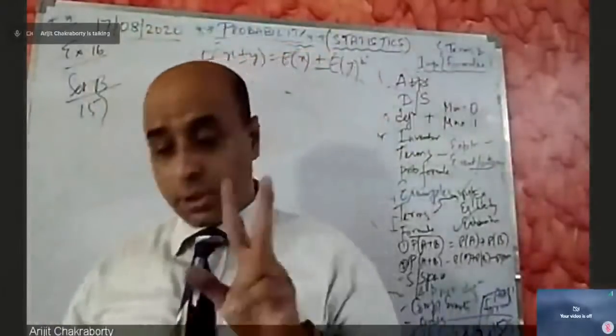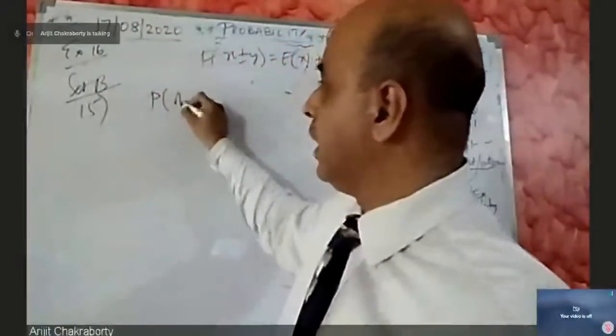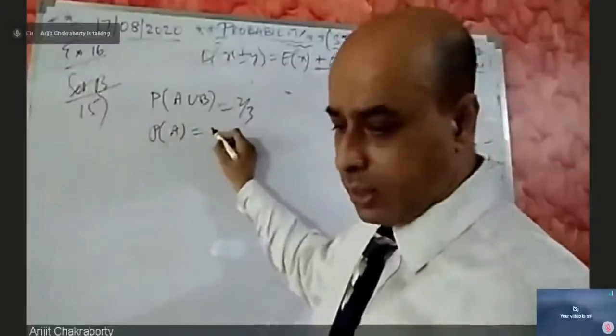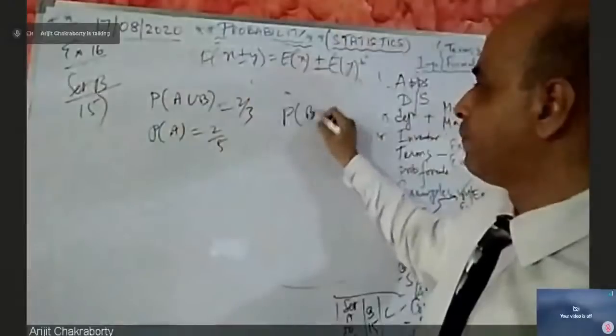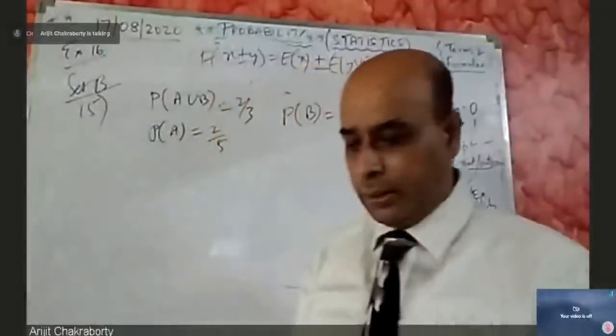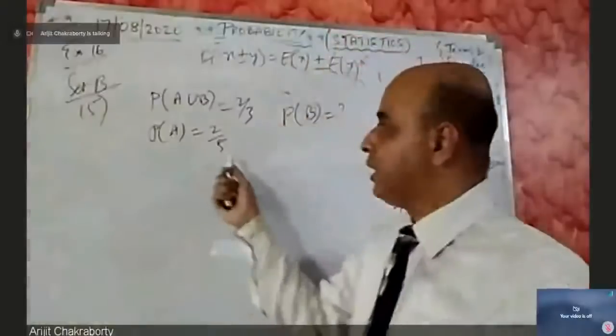Number 15: for two independent events A and B, it is given that P(A∪B) = 2/3 and P(A) is given as 2/5. You have to find P(B). P(B) you don't know, so you have to find the probability of B.